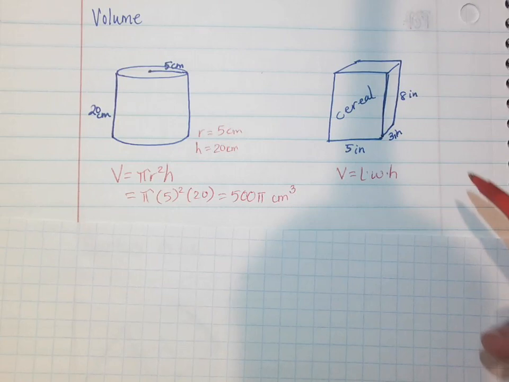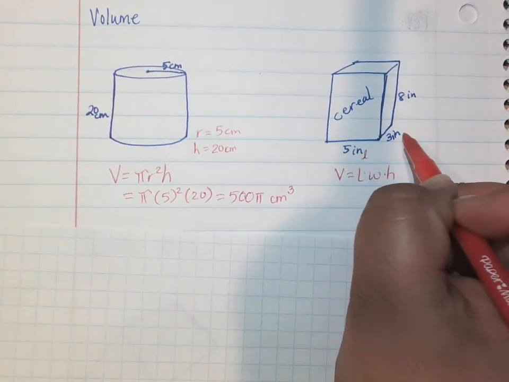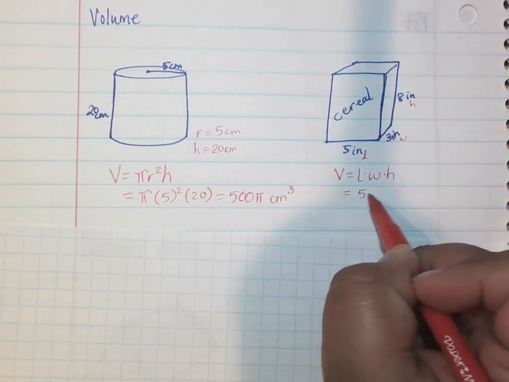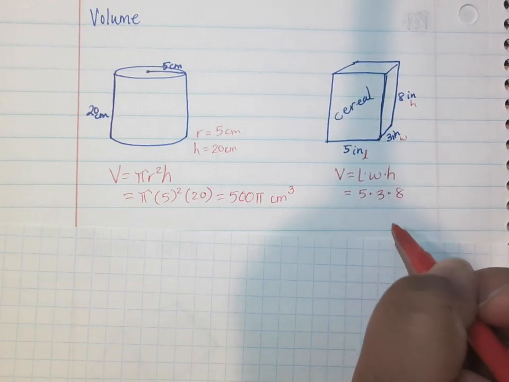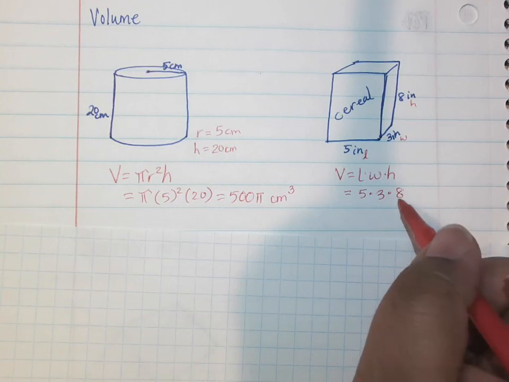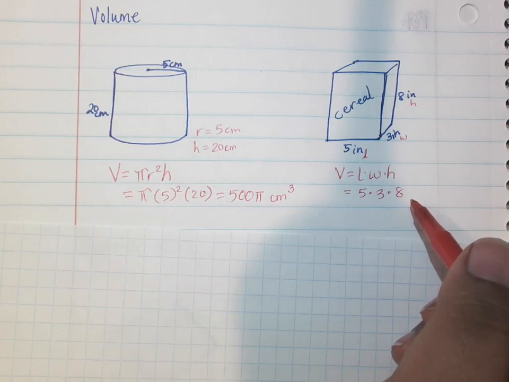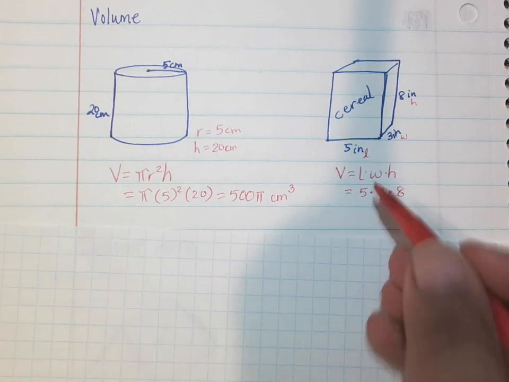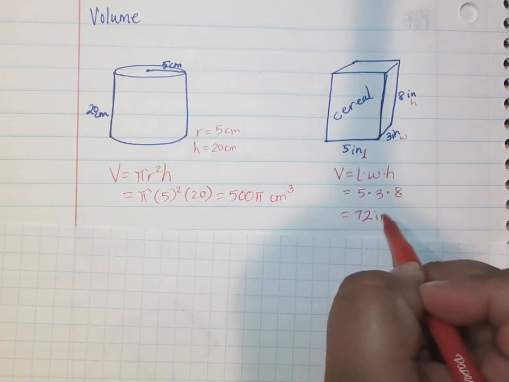So we just plug in the values: 5 times 3 times 8. 8 times 3 is 24, times 3 is 72. And we are looking at inches cubed.